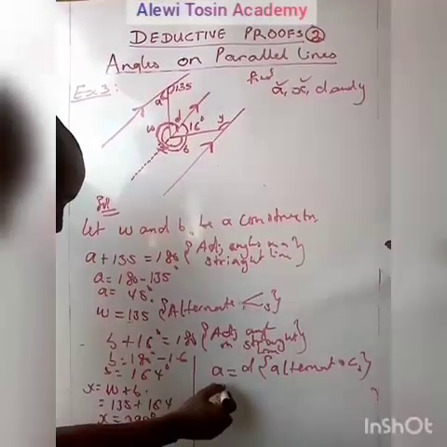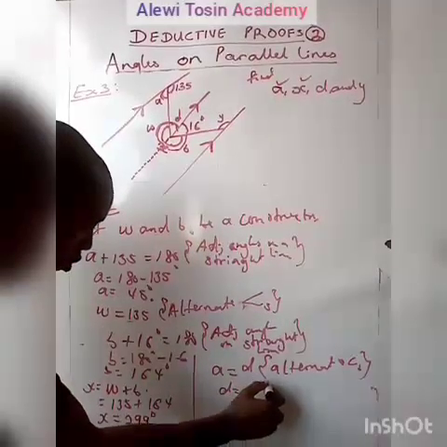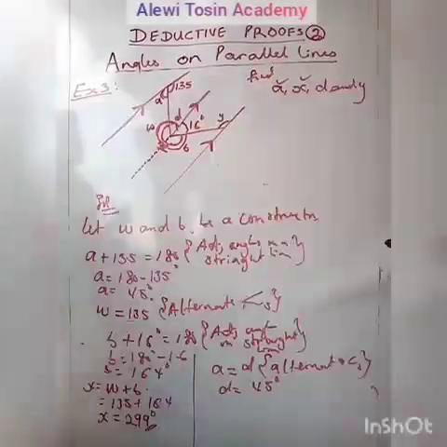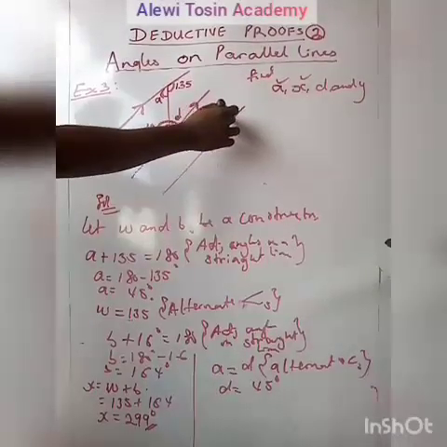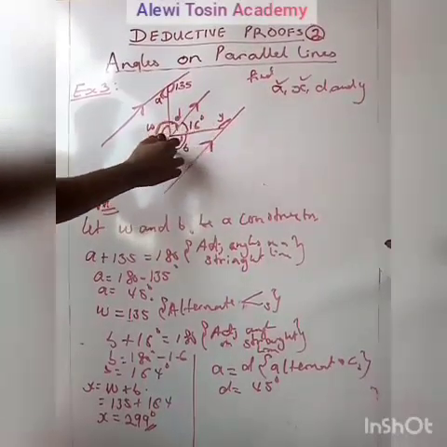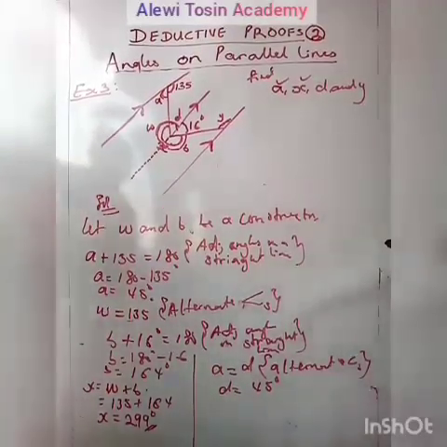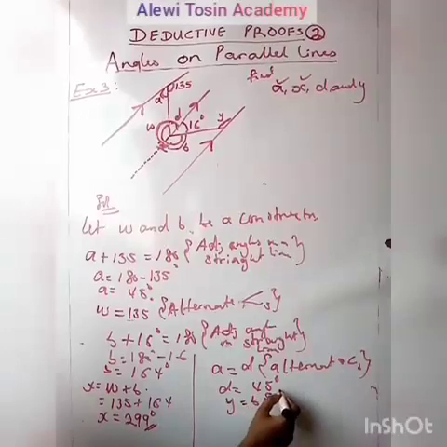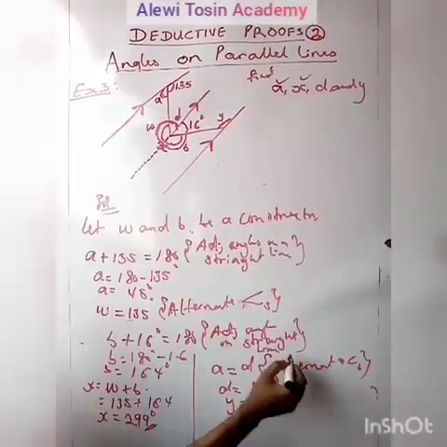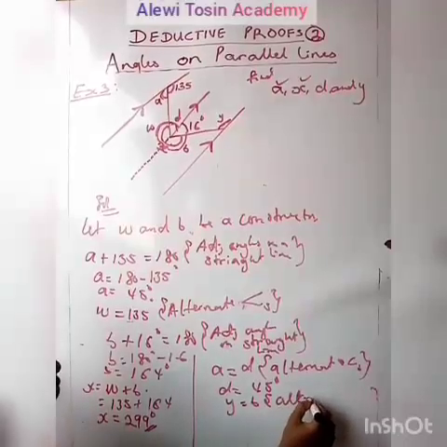Our A is 45, which means D is also 45 degrees. Also, angle Y is equal to angle B. So Y is equal to B. Reason: also alternate angles. This alternates this.